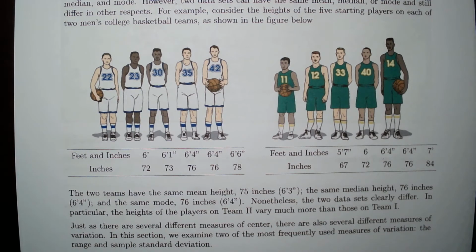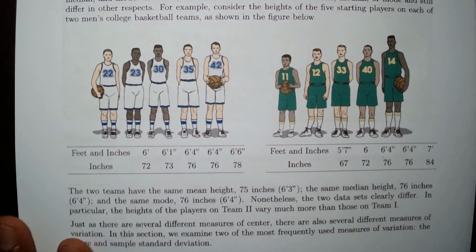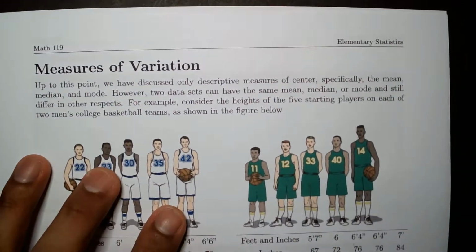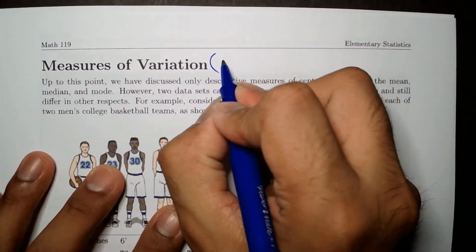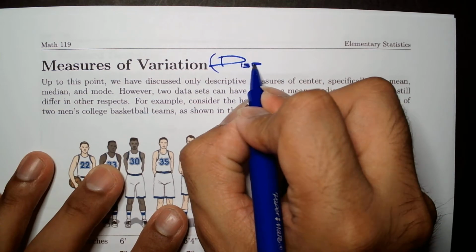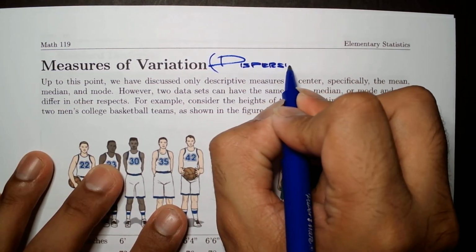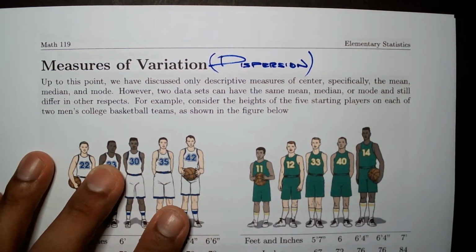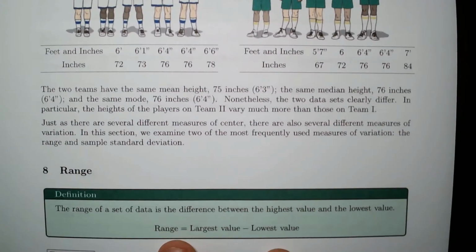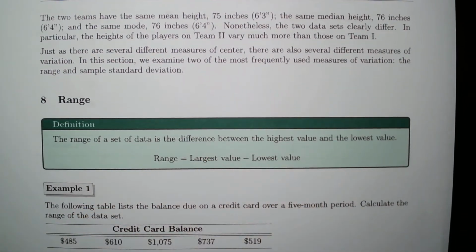Alright, so we're going to look at the first measure of variation, also known as measures of dispersion. One of them is the range. The range of a data set is the difference between the highest value and the lowest value.